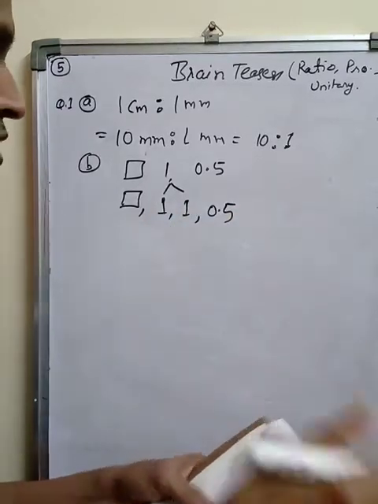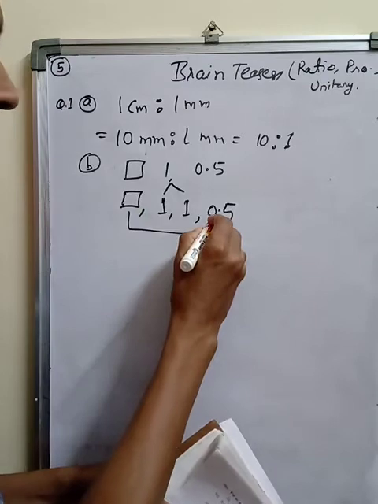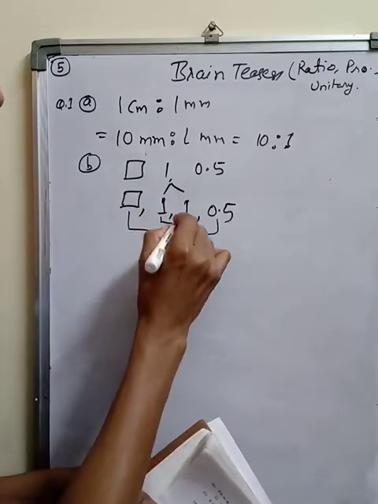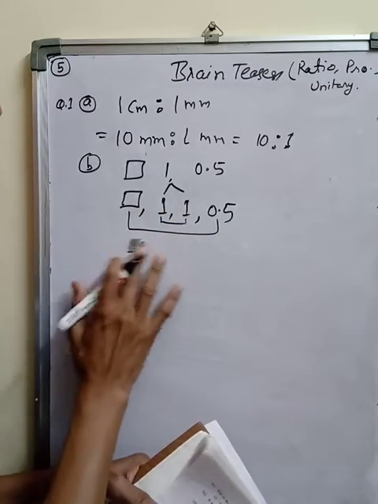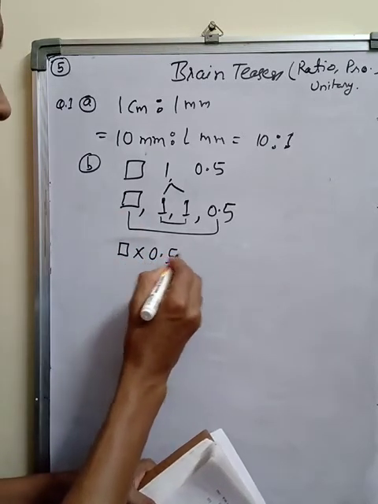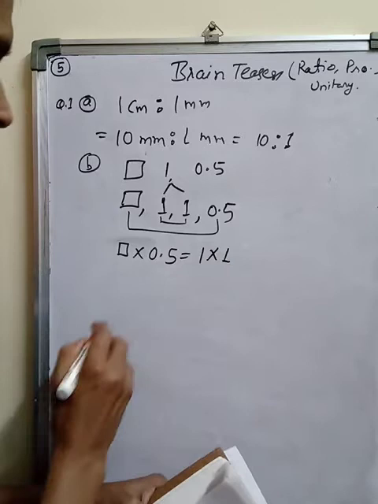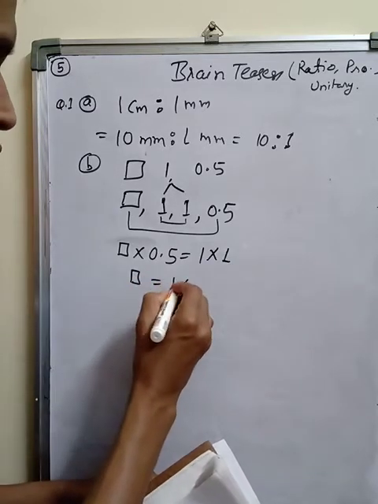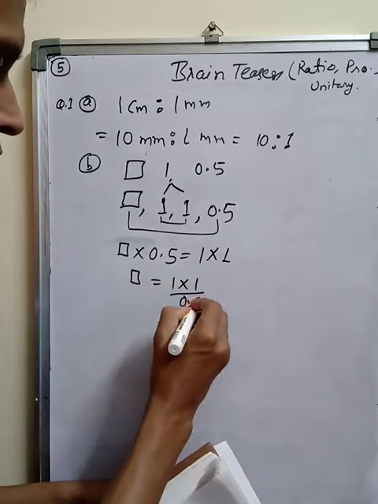The procedure to fill the box: product of extremes is equal to product of means. Box into 0.5 is equal to 1 into 1, and then the box is equal to 1 into 1 upon 0.5.